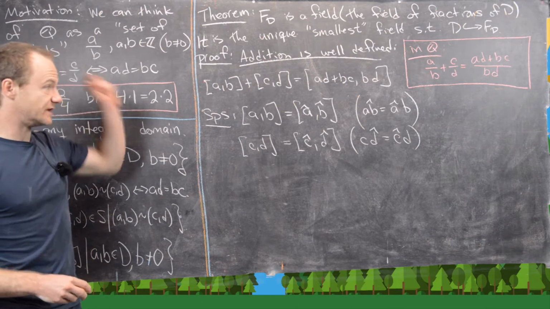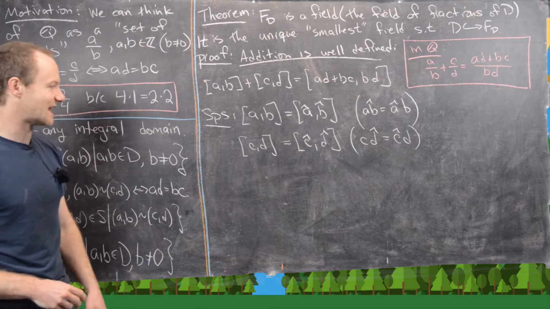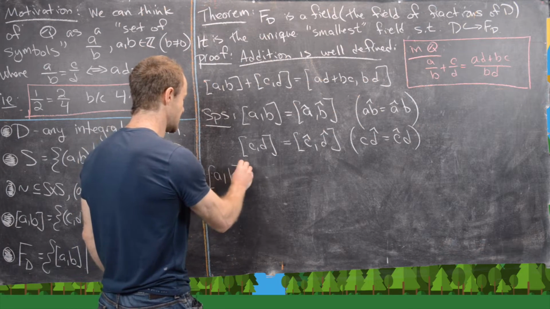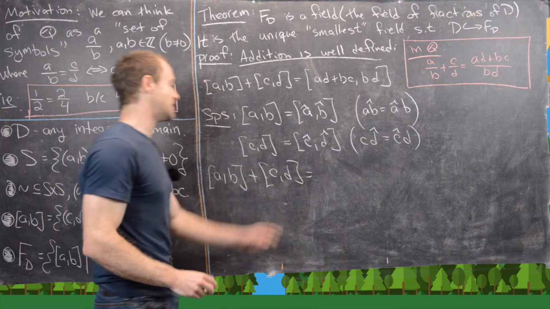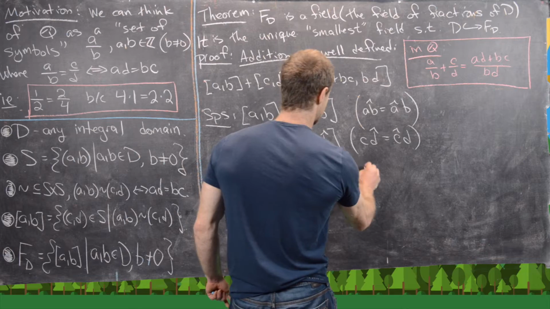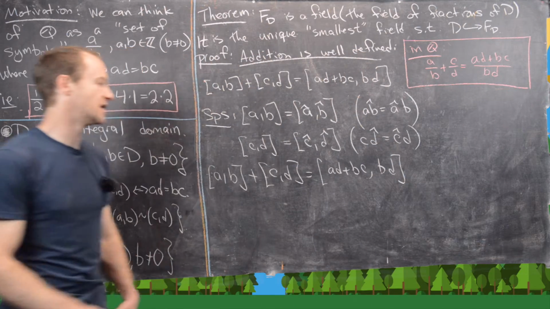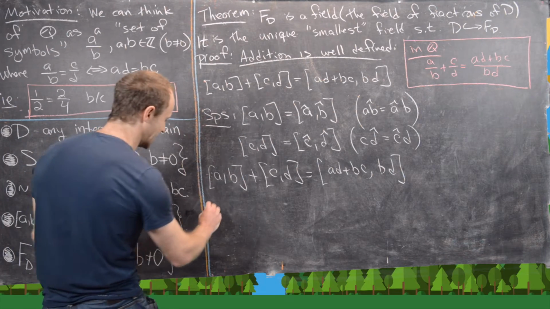Now what we want to do is make this addition on both sides and make sure we get the same thing. So notice we have (A, B) plus (C, D). So that's going to be the same thing as (AD plus BC, BD). That's how we're defining our addition. But now we want to look at what's happening in the hatted world.